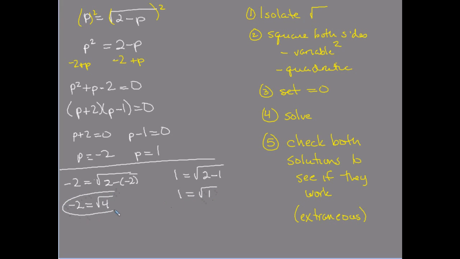This is our extraneous solution, because while it is true that negative 2 squared does equal 4, we're calling this extraneous because we're only looking for the principal roots. So our solution is p equals 1.